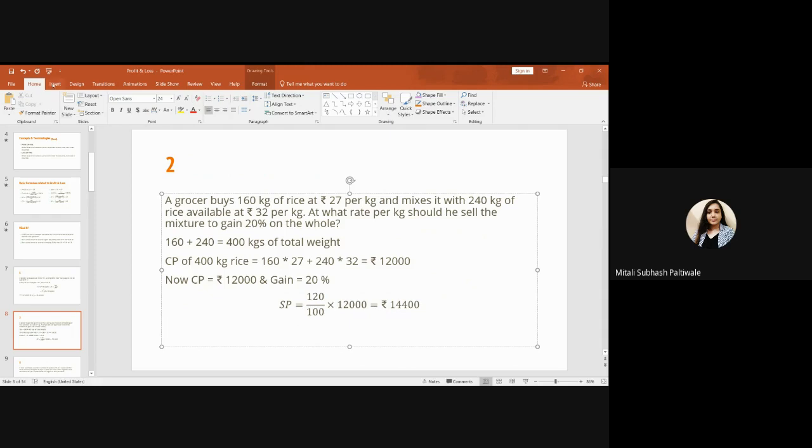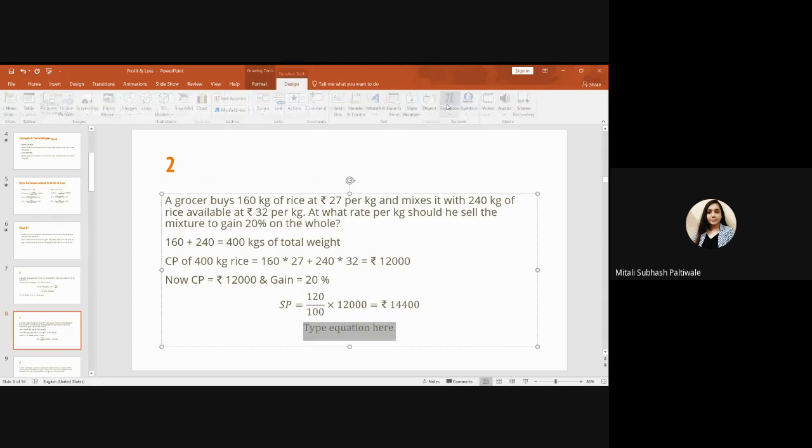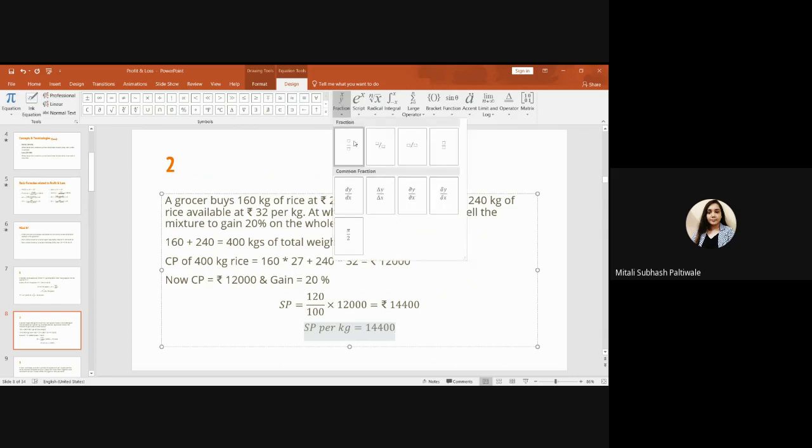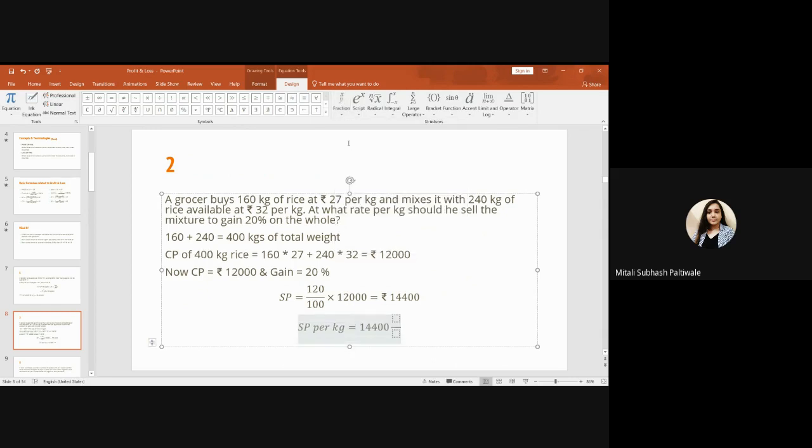So SP per kg would be equal to 14,400 divided by 400, because that much rice we have.